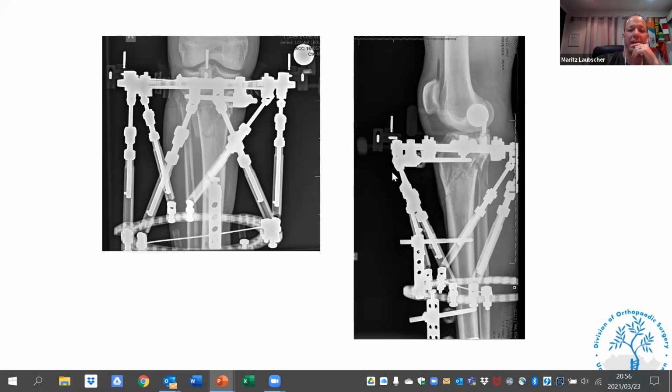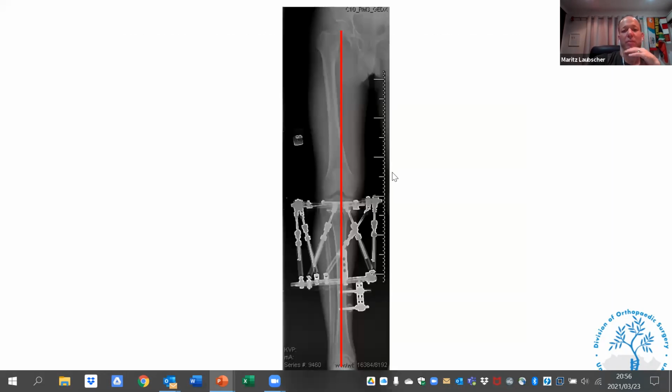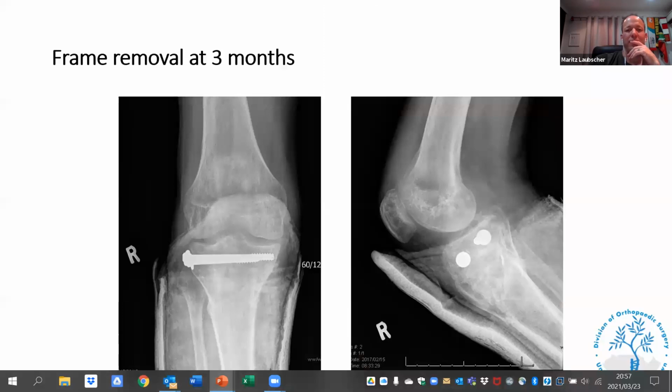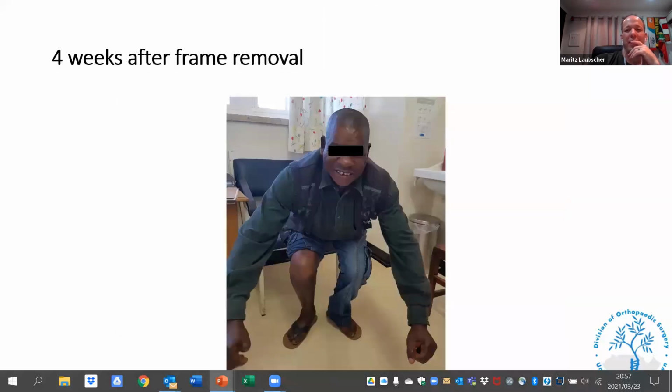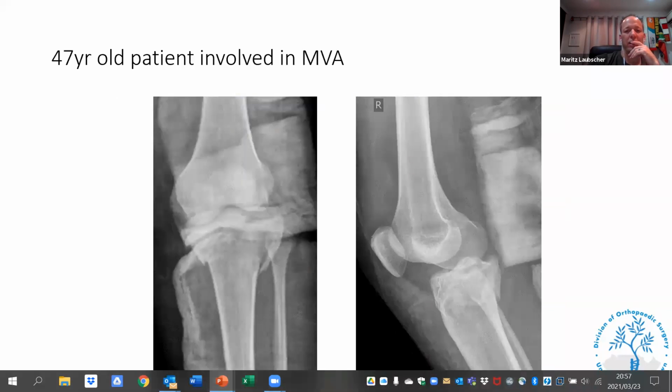I like using a hexapod, because post-operatively, after completion of my first reduction, I obtain a long leg view, and because this is the most important thing for the patient's eventual prognosis, I make sure that the mechanical axis passes through the middle of the joint. And here you can see union and a good clinical outcome.